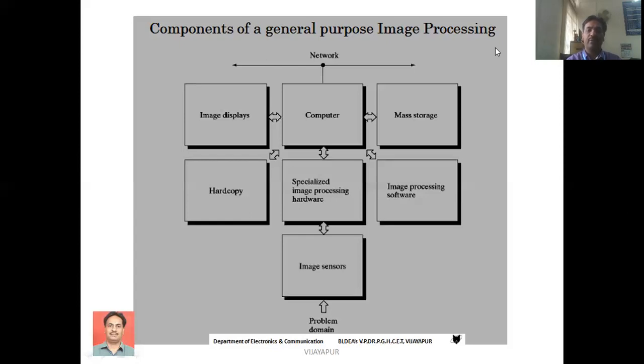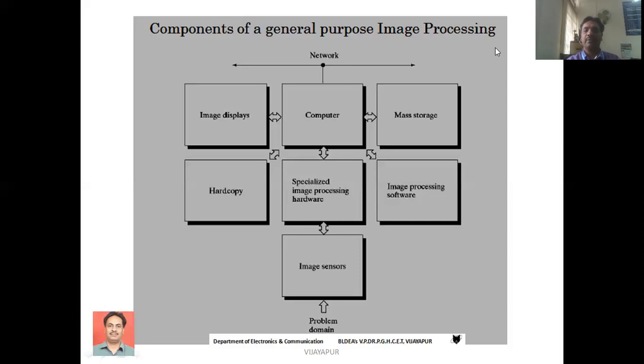And after that, we have specialized image processing hardware. Mainly this image processing hardware is used to perform some specialized operations. Depending on the application, it performs some specialized operations with high speed. A very good example of image processing hardware is a graphics card.